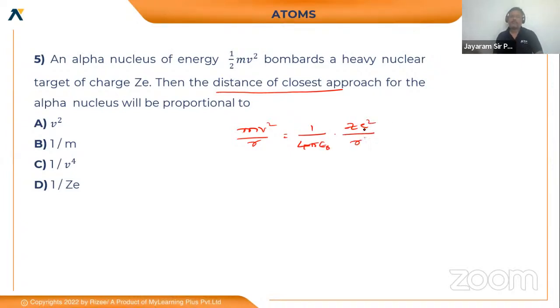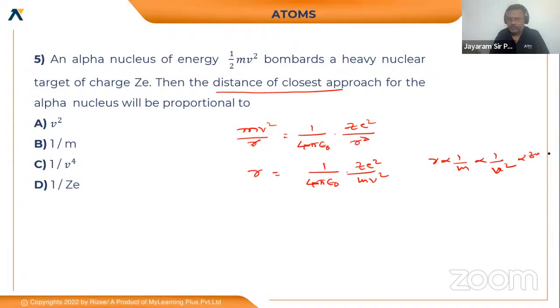So r is inversely proportional to the mass, inversely proportional to the velocity square, and directly proportional to Z e square. So here we get only the second option.